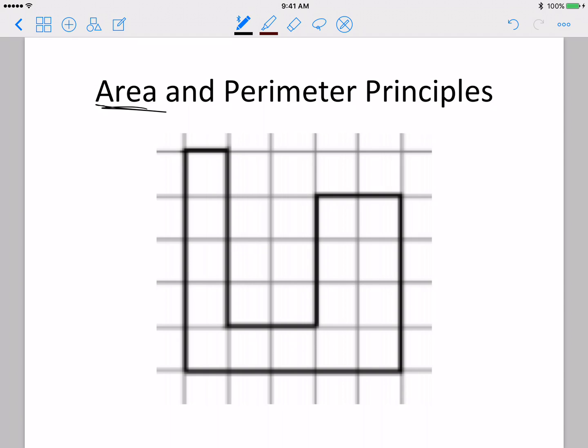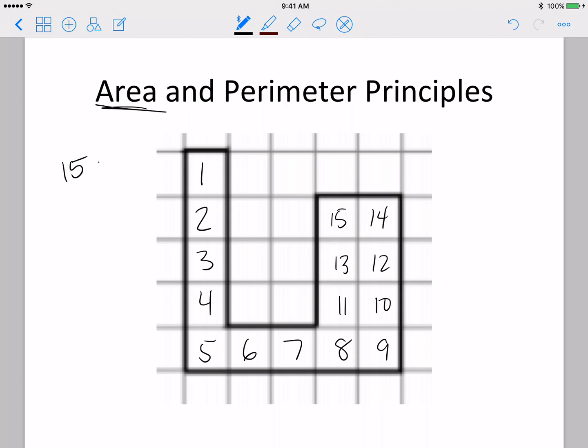So if I count the tiles, 1, 2, 3, 4, 5, 6, 7, 8, 9, 10, 11, 12, 13, 14, 15. We see that this figure, the area would be 15 square units.